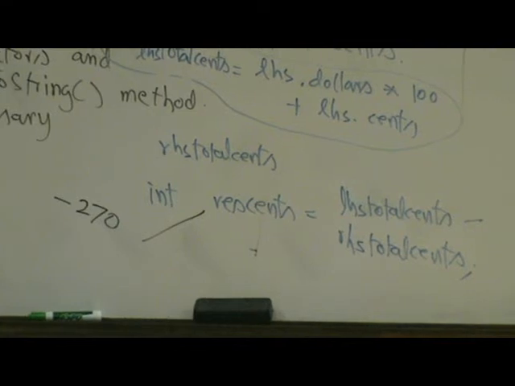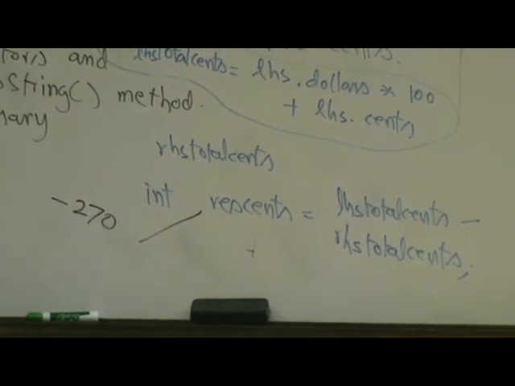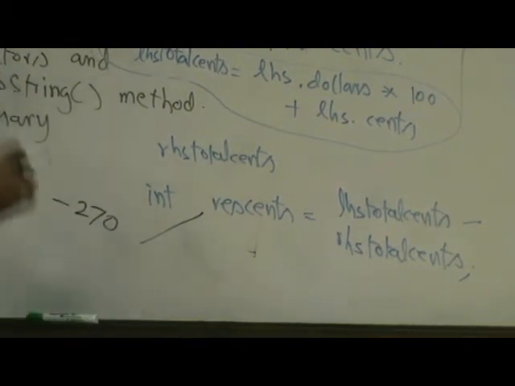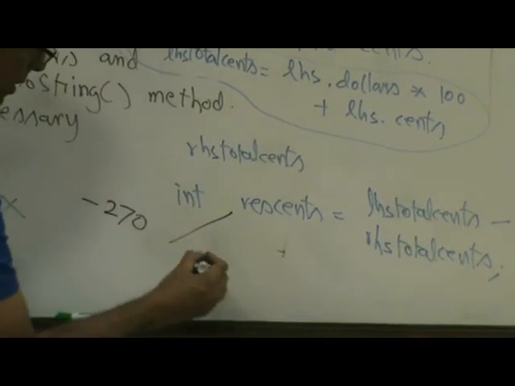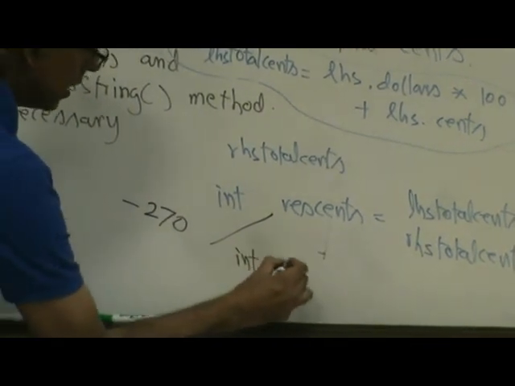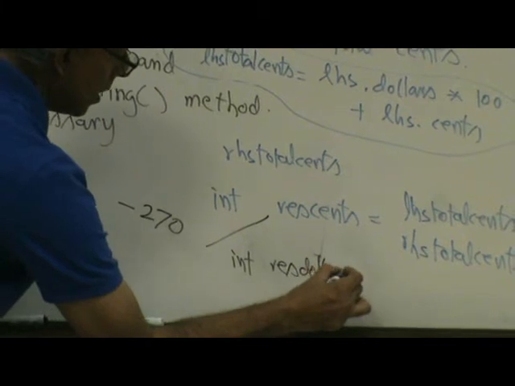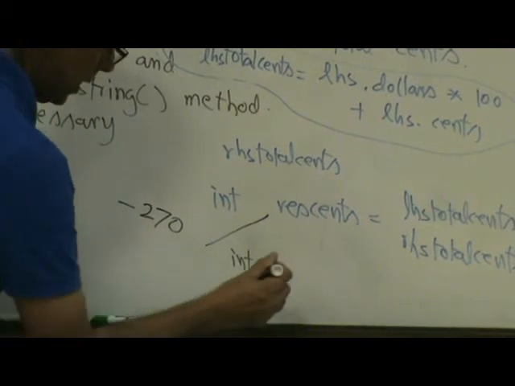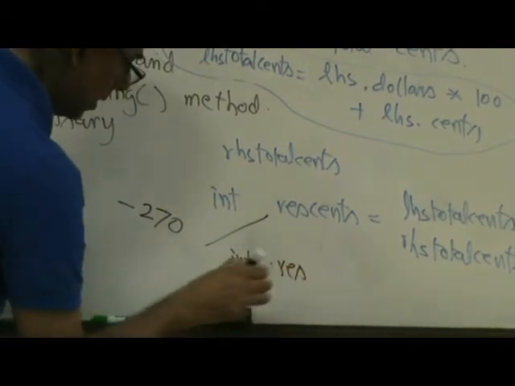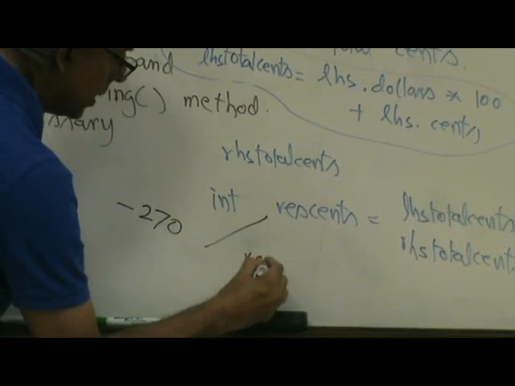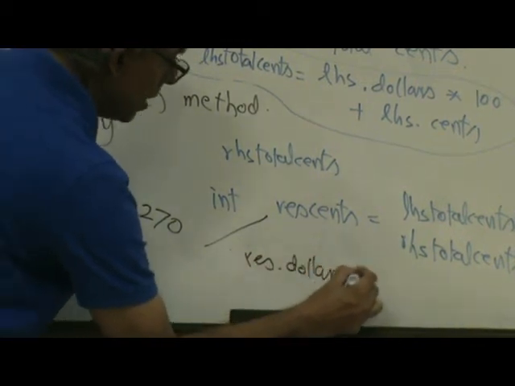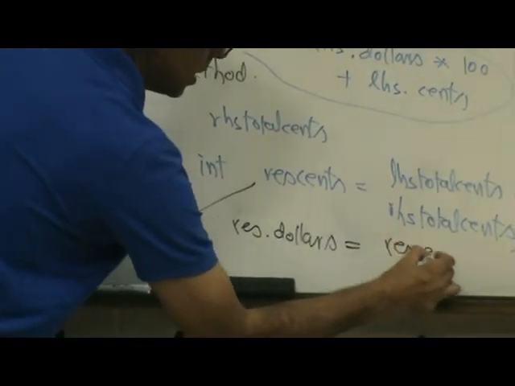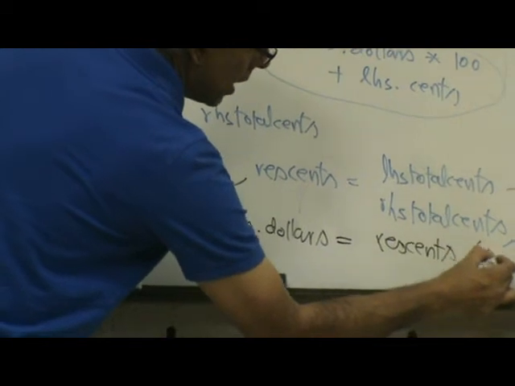Okay, so now we convert it back to the dollars. How do we convert it back to the dollars? By 100. There is integer division. So you can say res.dollars equal to res cents divided by 100.